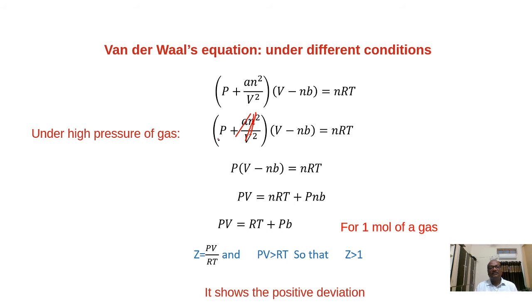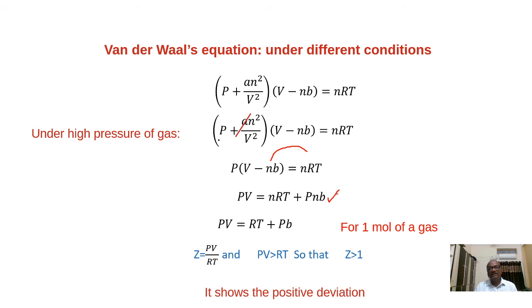So now the equation becomes P(V − nb) = nRT, for n moles of gas. Expanding, PV = nRT + Pnb. For 1 mole of gas, n becomes equal to 1.